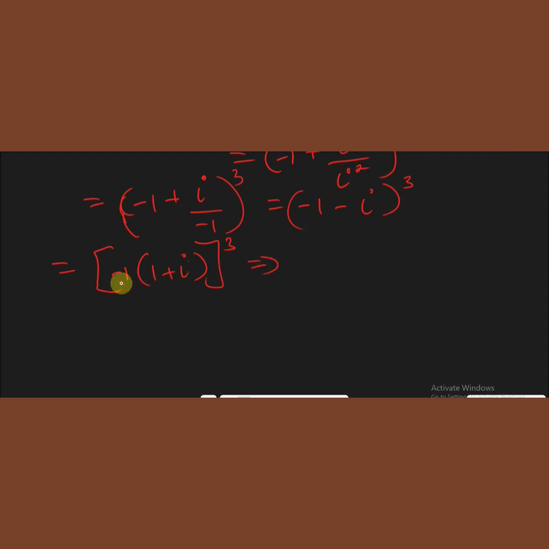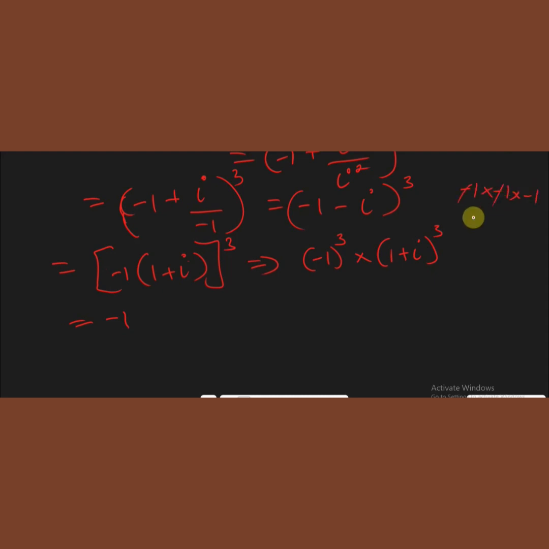And you know that this is the same thing as minus 1 cube times 1 plus i cube, because of this bracket. And minus 1 cube will still give me minus 1 because 3 is an odd number. So minus 1 times minus 1 times minus 1, that is what it means.